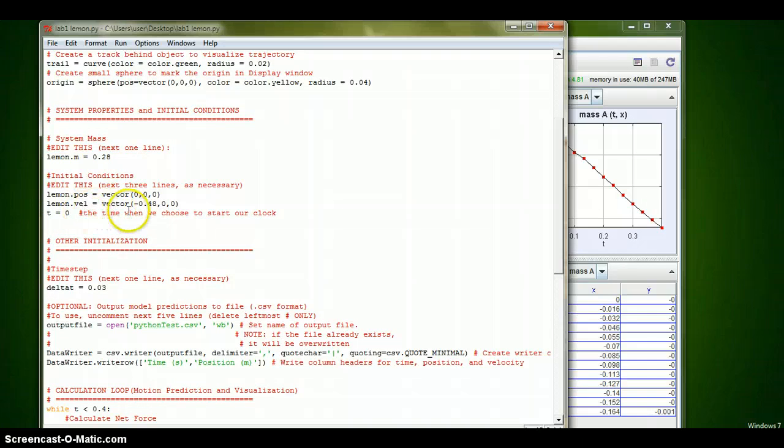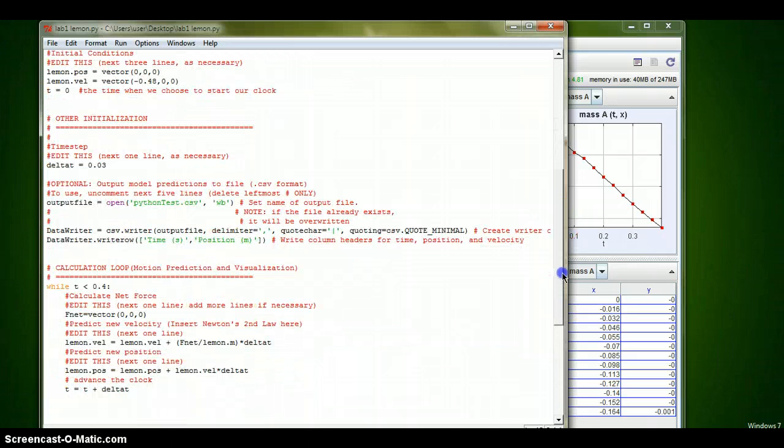The lemon.velocity will be a vector for the initial velocity for this model, and it will be constant, as we will see in the running file next.